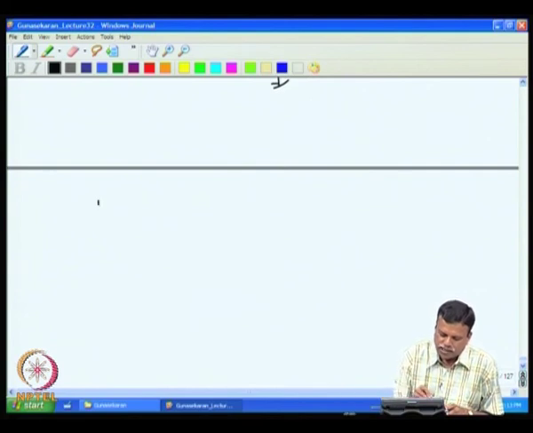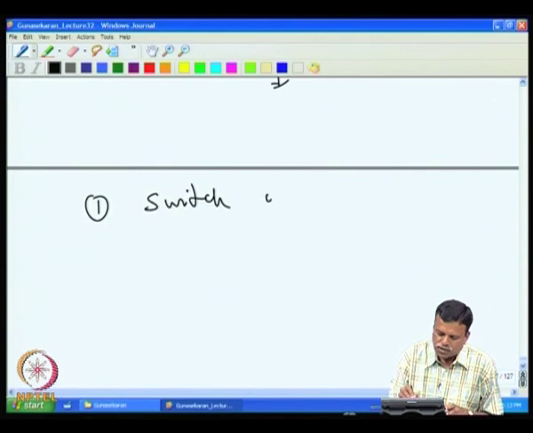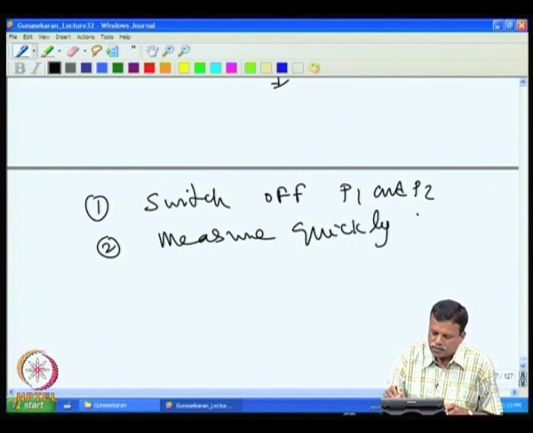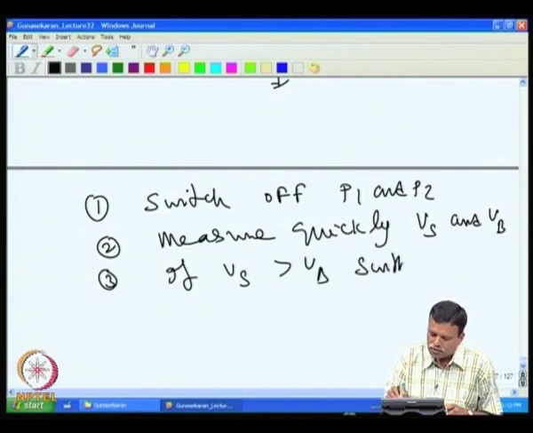So, normally what is done is switch off P1 and P2, then measure quickly Vs and Vp. If Vs is greater than Vp, switch on P1 and P2.